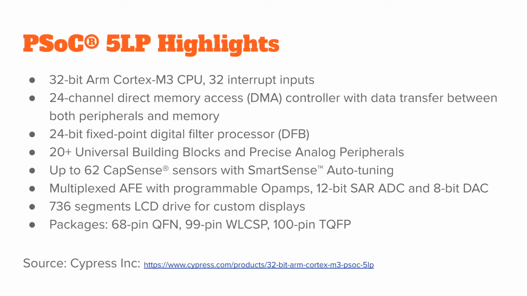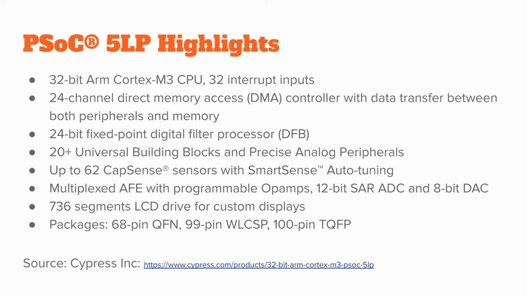Okay, some highlights. So basically we are talking about a real processor, 32 bits, and also 32 input interrupts, which basically can run already, say, real-time operating systems.